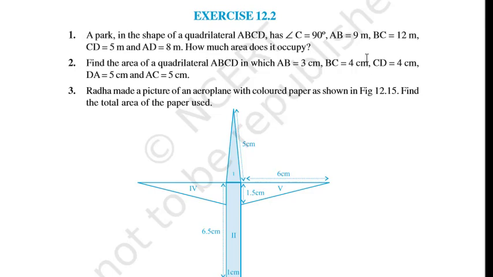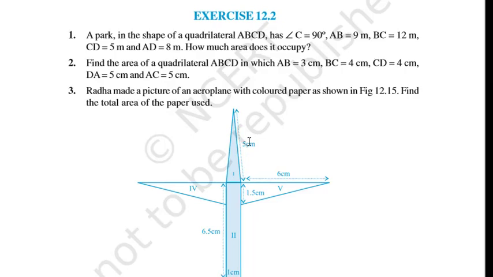So first I will draw BC. BC is 12, then this angle C is 90 degrees. So this is B, this is C. Now CD is 5, AD is 8 and AB is 9.